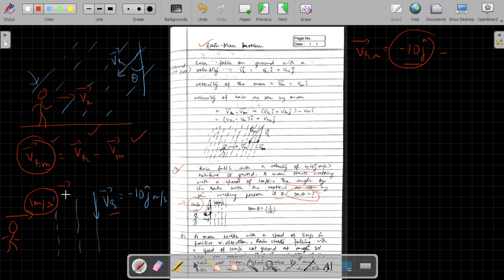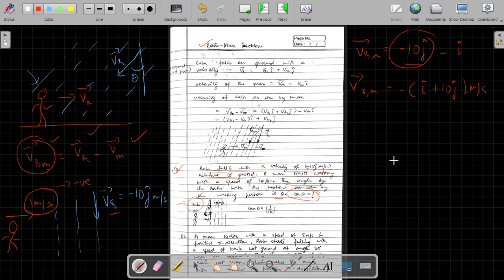The man is moving towards right, in the positive x direction, so its velocity is 1 meter per second, that is i cap. So this is minus i plus 10 j meters per second. That is the velocity of rain with respect to man.